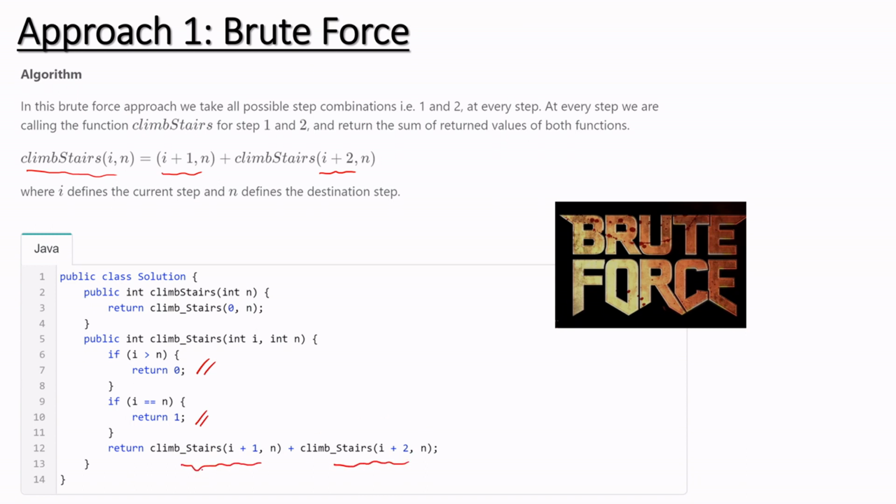The total sum from here plus the total sum from here gives the total count from step 1 and step 2, and we return it finally as output. So this is your brute force approach.